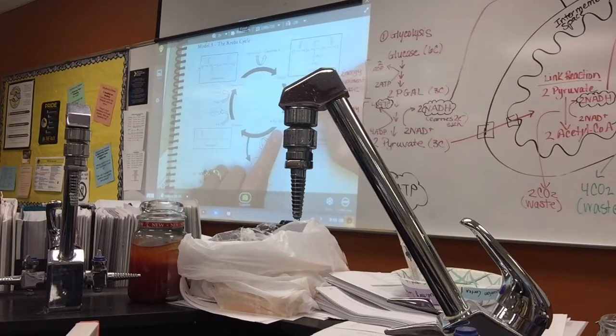And so therefore, where does that energy come from? It comes from the conversion of citrate into alpha-ketoglutarate. So this process releases energy, and some of that energy now goes to make NADH. So some of the energy that was once in citrate is now in NADH, and so therefore alpha-ketoglutarate has less energy than citrate because some of the energy is now in the NADH molecule.